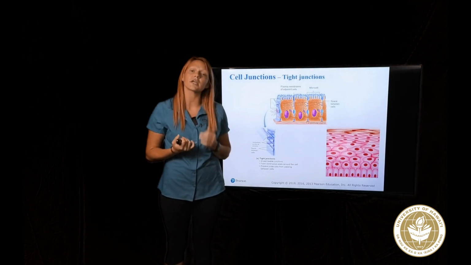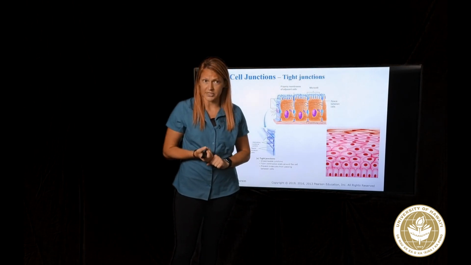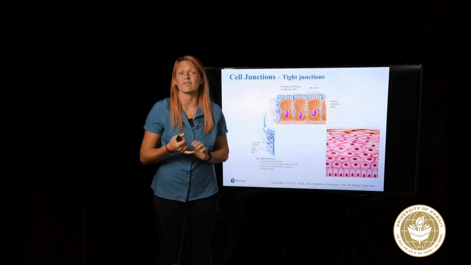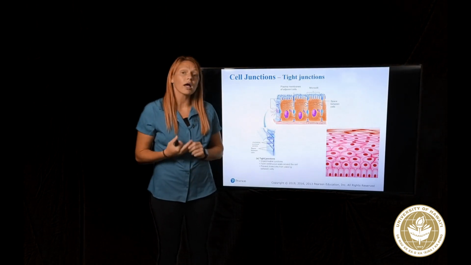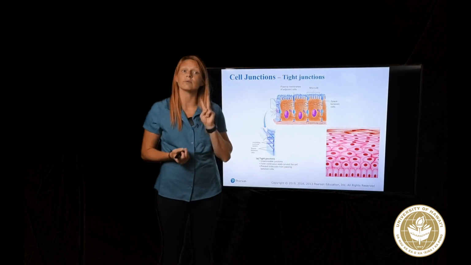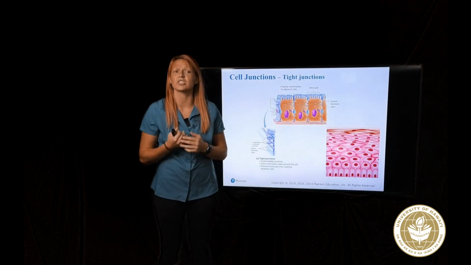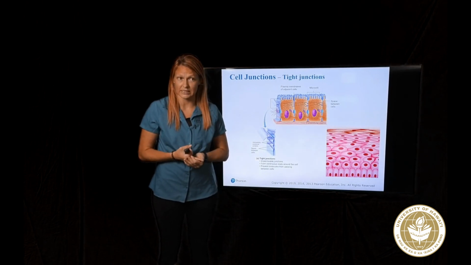Tight junctions are primarily going to be found in sheets of epithelial tissue, which cover the surface of our bodies and line internal cavities. All epithelial sheets are going to be highly selective barriers between 2 compartments with considerably different chemical compositions.